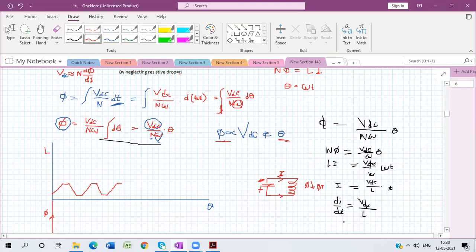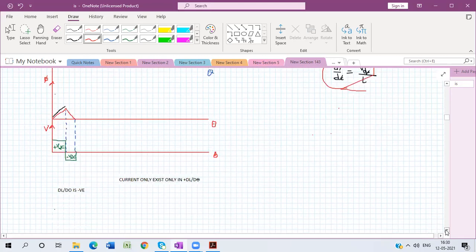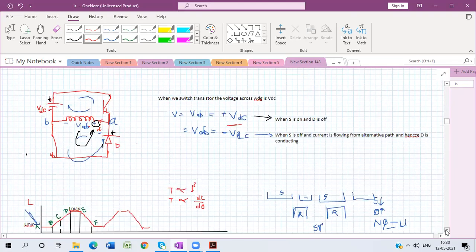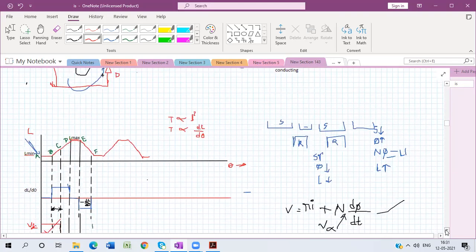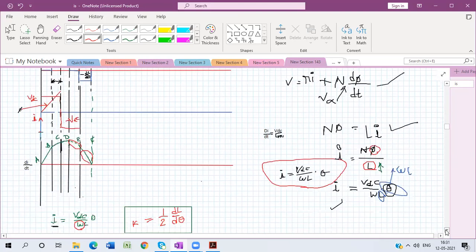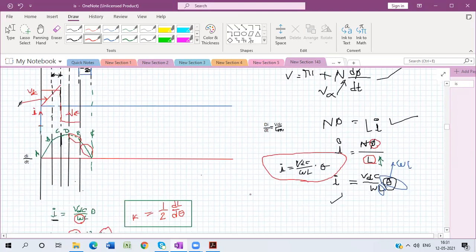Then it may be asked what the rate of change of current depends upon: it is directly proportional to inductance, or inversely proportional to inductance, etc. Here the current is proportional to theta, and the current is inversely proportional to inductance. Keep these things in mind.